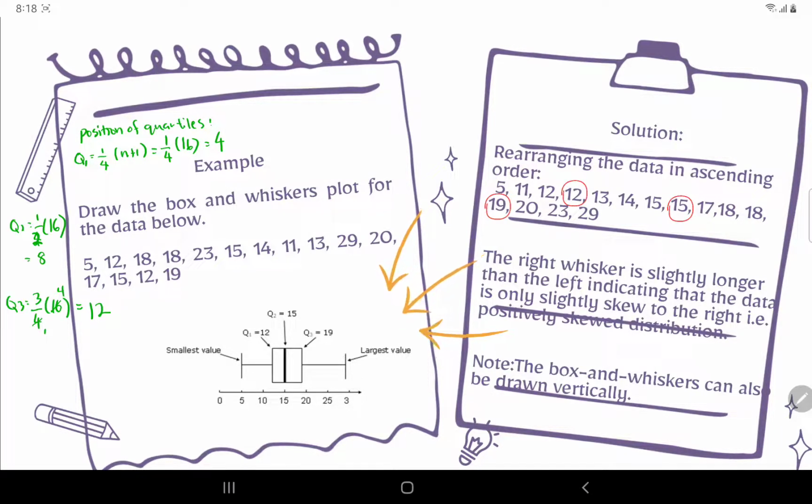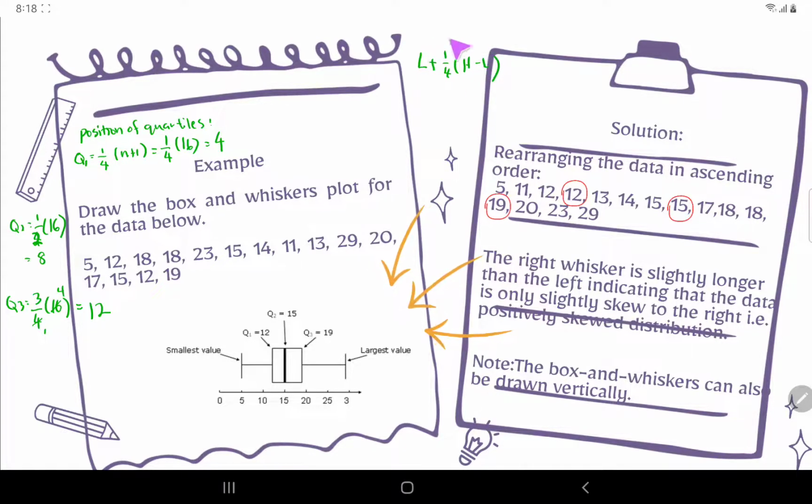So position kita, kita terus tengok dekat sini, kita tak dapat nombor point. Kita dapat 4. So position kita adalah 4. 1 2 3 4. 4 dekat sini lah. So this is our Q1. No need to put into the formula yang ada tadi. Ingat tak formula tadi yang L plus 1/4 H minus L?